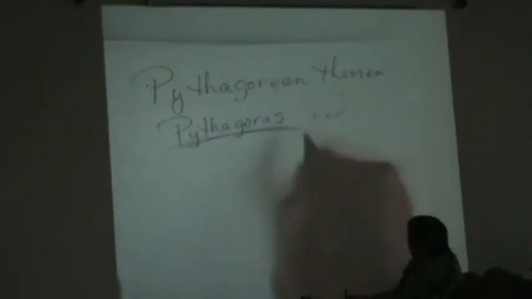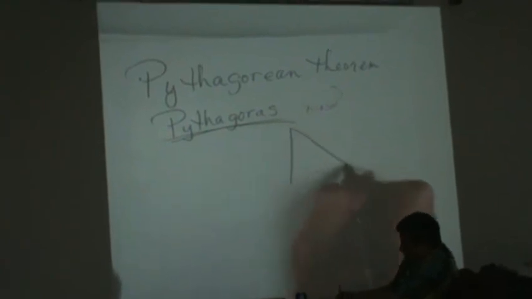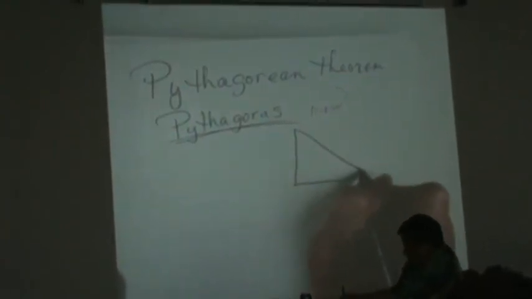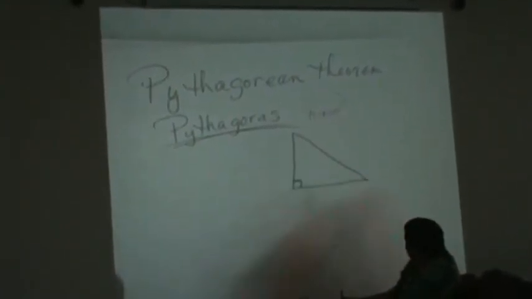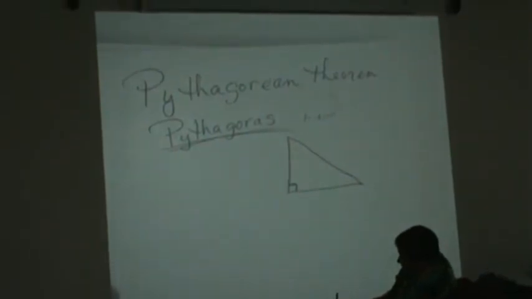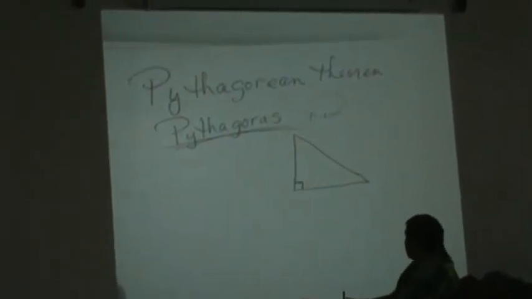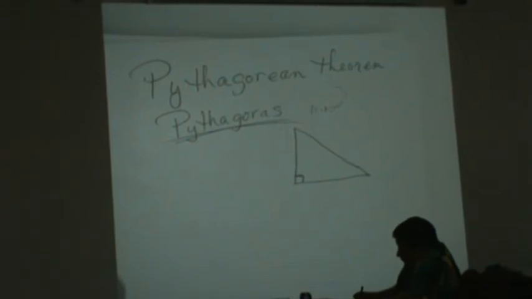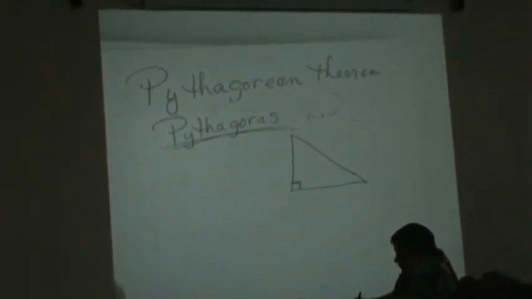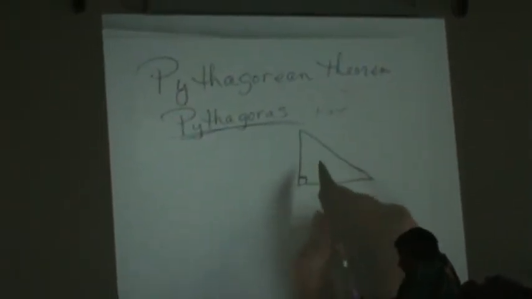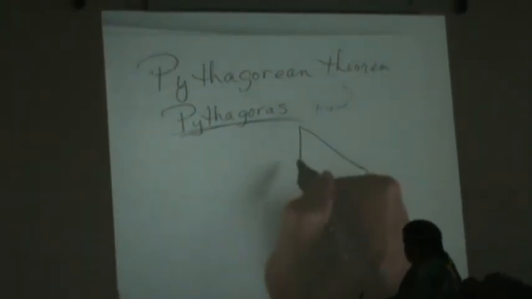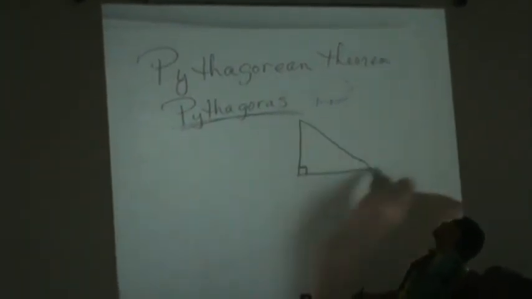Okay, Pythagoras, what he figured out, he played with right triangles. Remember, they have a right angle here? He played with right triangles enough to figure out that this will work on every single one, okay? First of all, let me tell you what these sides are called.